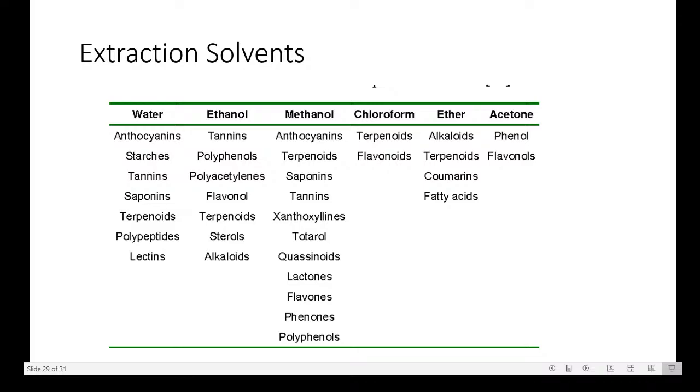Based on the structural character, we want to select the solvent system for the extraction. Water extraction is helpful for anthocyanin, starch, tannins, saponins, terpenoids, polypeptides and lectin. Ethanol extracts tannins, polyphenols, flavonoids, terpenoids, sterols and alkaloids. Methanol helps extract these compounds, and chloroform and ether as well. Phenols can only be extracted by acetone, which is a mid-polar system.